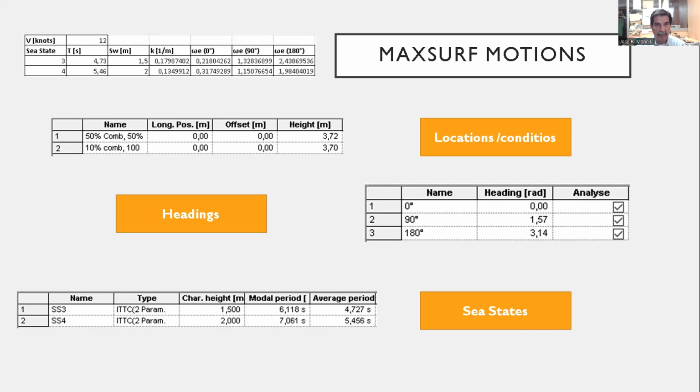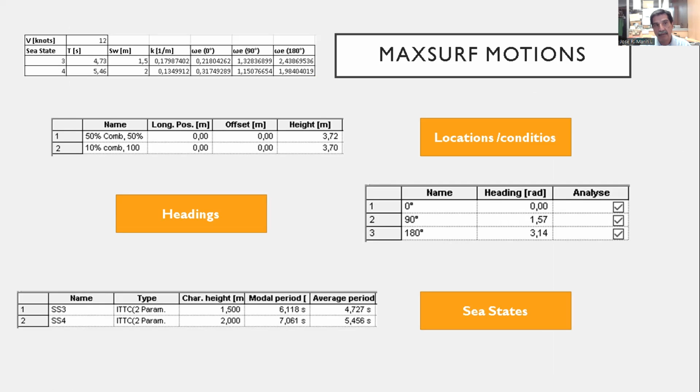This is a general comment. People, if you want to analyze waves coming from different directions, it would be a good idea to analyze with closer directions, not only from 0, 90, and 180. It could be a good idea if you include, for example, every 30 degrees: 0, 30, 60, and so on.